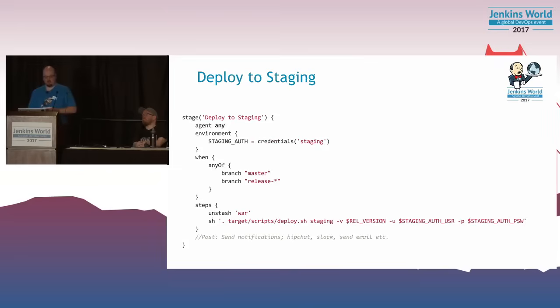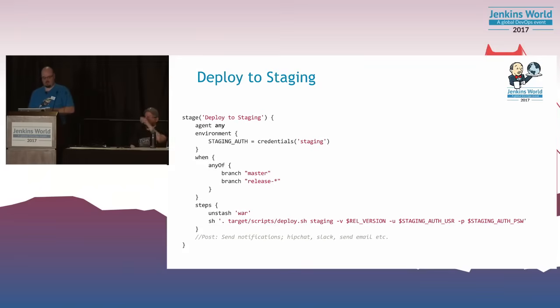The deploy stage. Here we have some fun stuff. Here we can run on any agent, basically. That's because I happen to know that we only have Linux agents in this cluster. But I should probably say agent label Linux or something. We'll pick the staging credentials that are stored in Jenkins for us, put that in the environment variable called staging auth. That will actually create 3 different variables for us: staging auth user, staging auth password, and staging auth.